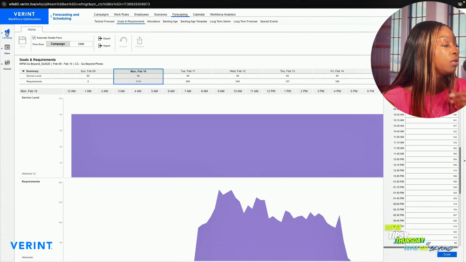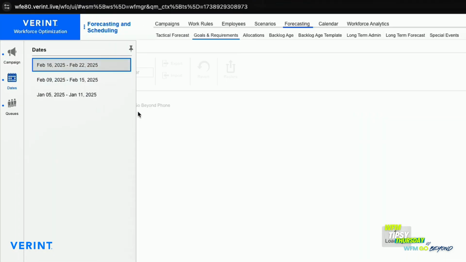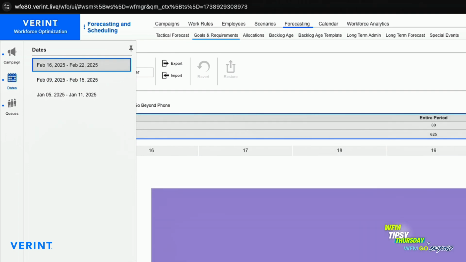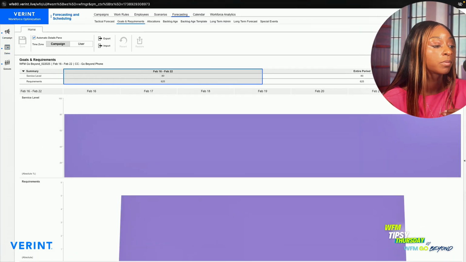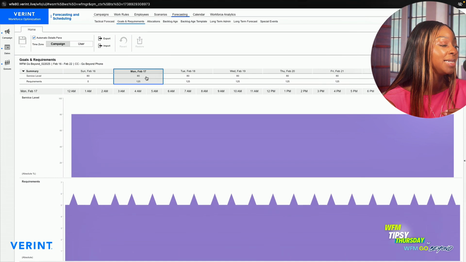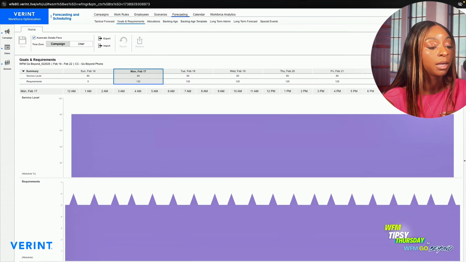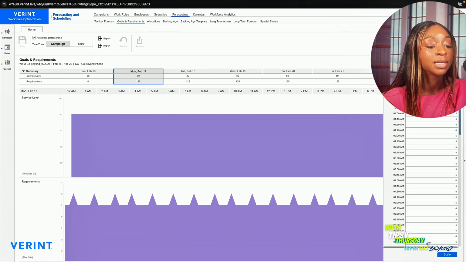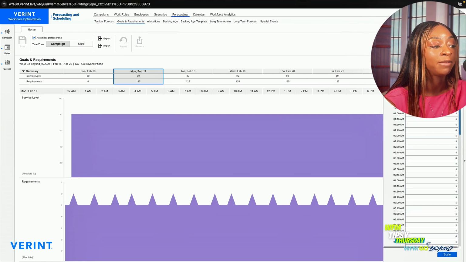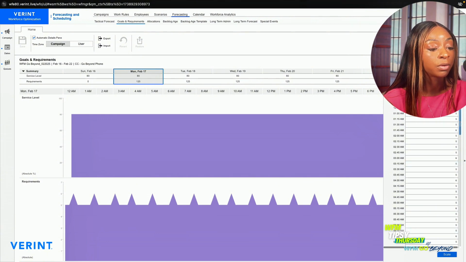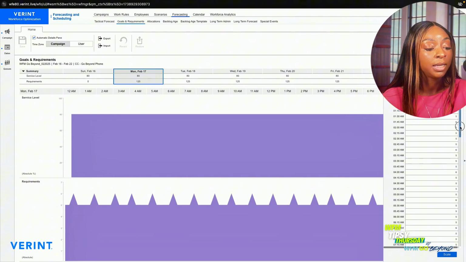Whereas if I use point forecasting, I'm going to go over to this other week where I was looking at a very specific point in time. I'm going to look at Monday for this week. My goals and requirements are still the same, 80/30, but my volume is drastically different because I'm looking at a very specific point in time for a very specific campaign. You can see at the 9:45 interval here, I only need 5 people.